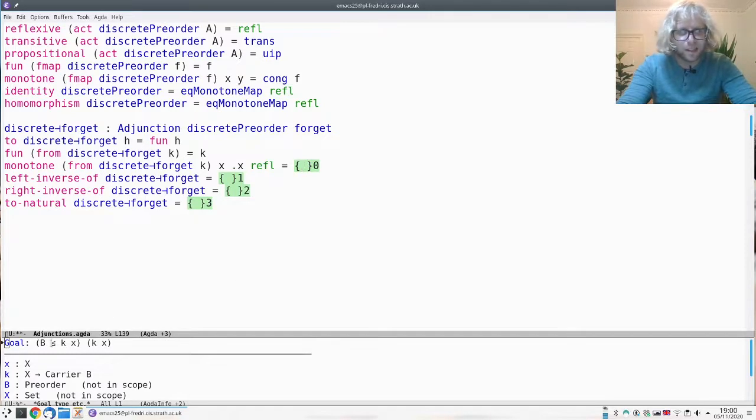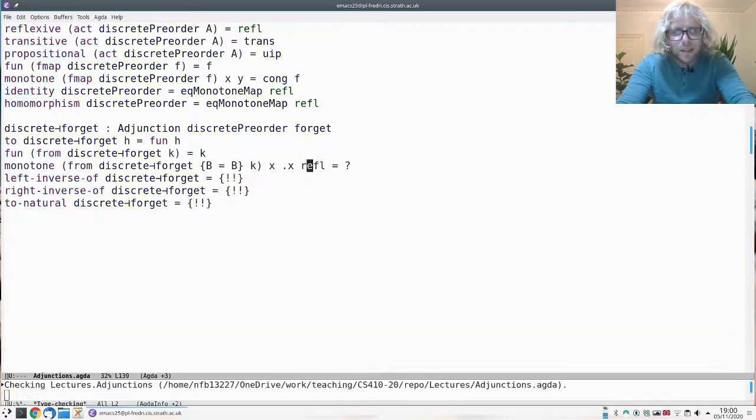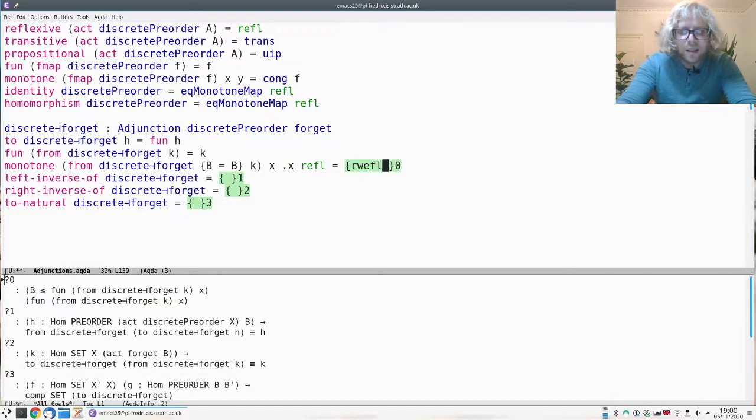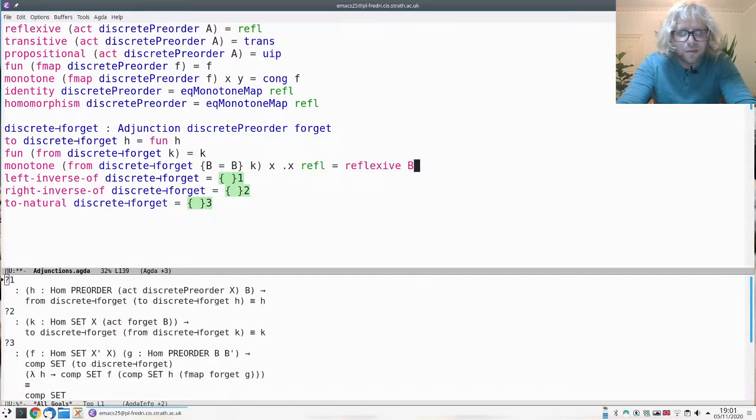But I know that B is reflexive, right? So let's introduce B. And then I can use the fact that B is reflexive to prove exactly this. Right, so it works because we're working with preorders, so that we really have reflexive relations. Otherwise, it wouldn't work for arbitrary orders.